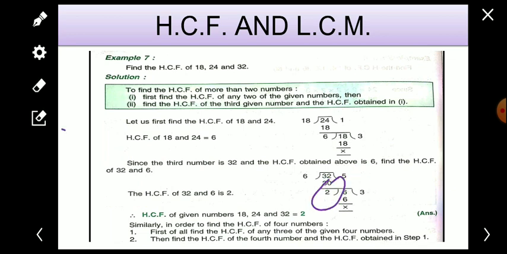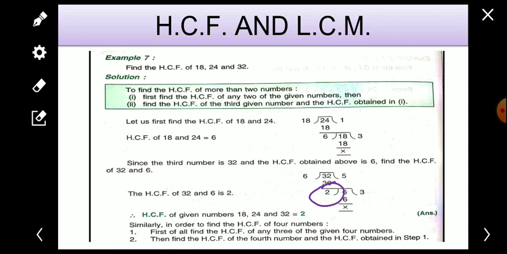So again we will divide by 2. This divisor will be put here, and by 2 we will divide this number. 2 threes are 6, and now we have got the remainder 0. When we got the remainder 0, what was the divisor at that time? 2 was the divisor.